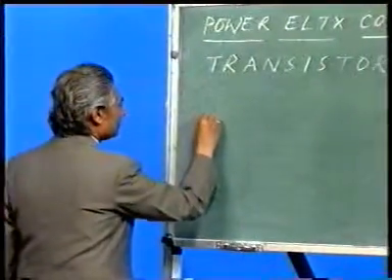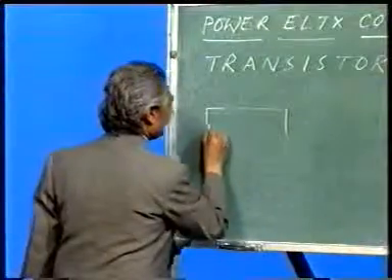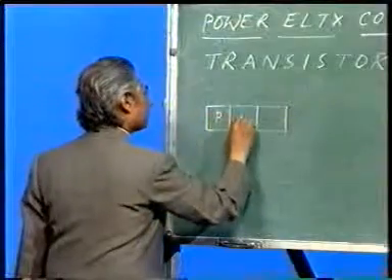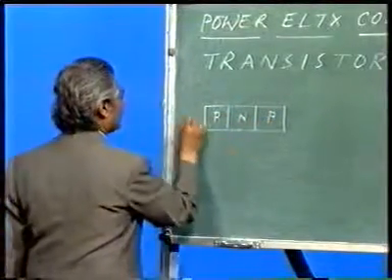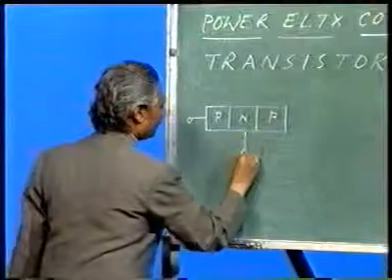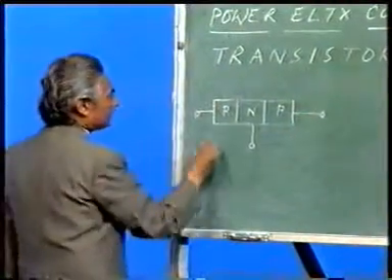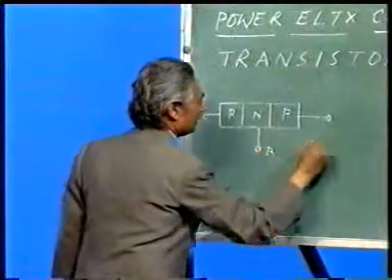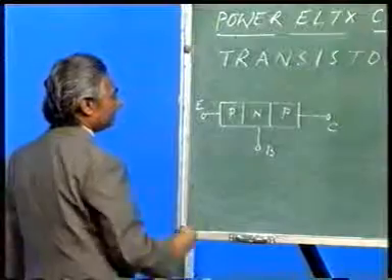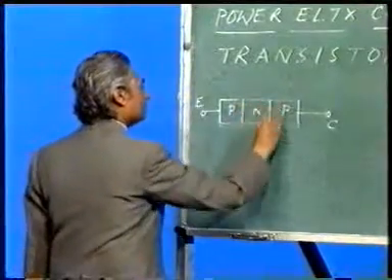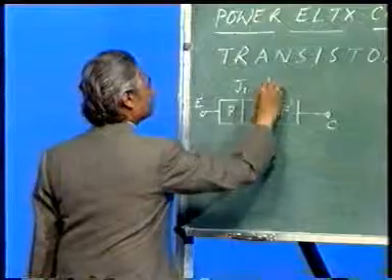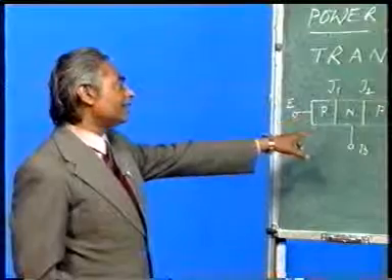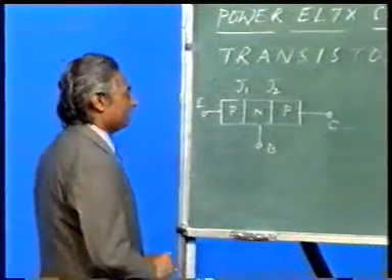So I can draw it like this. There are 3 terminals, the emitter, base and collector. Here you see that there are 2 junctions, one is J1, the other is J2. In case of diode you had only one junction. Here, since it is a 3-layer device, you have 2 junctions J1 and J2.